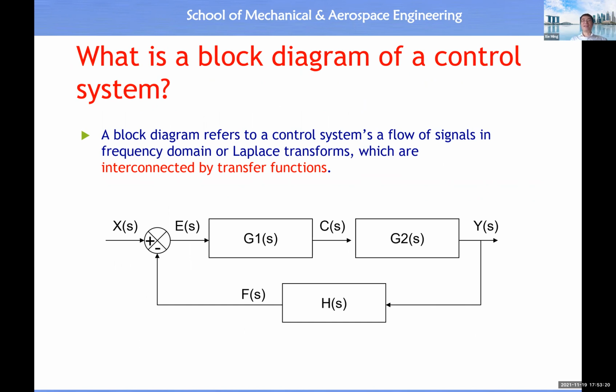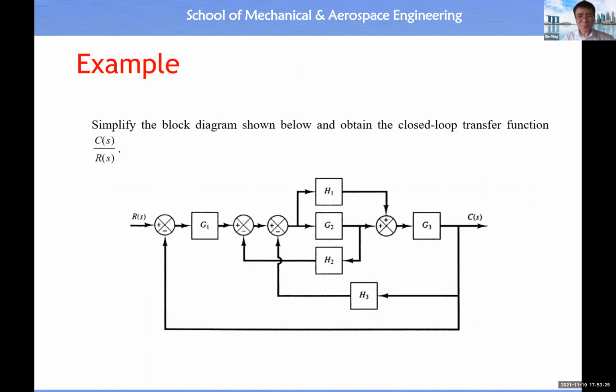So this is the nature of a block diagram. With the block diagram, we can visualize a very complicated control system. For example, here we have a control system, and if we draw out the block diagram, draw out the signal flow in frequency domain, then the result looks like this.